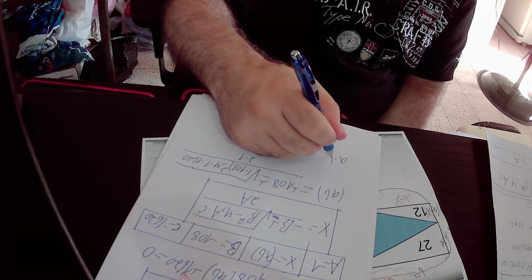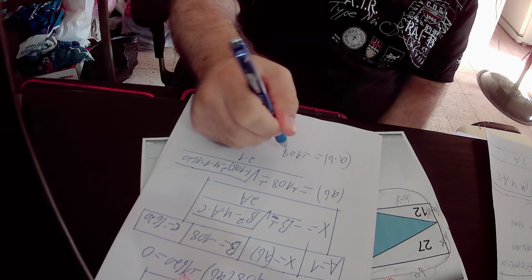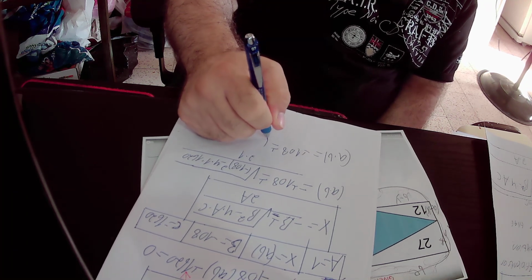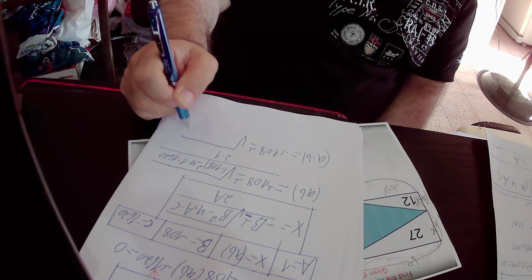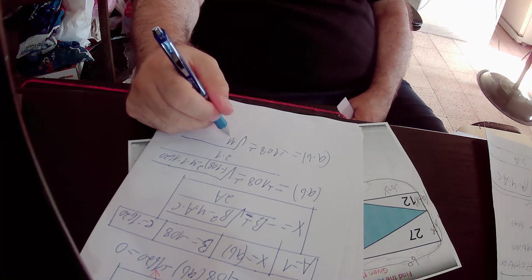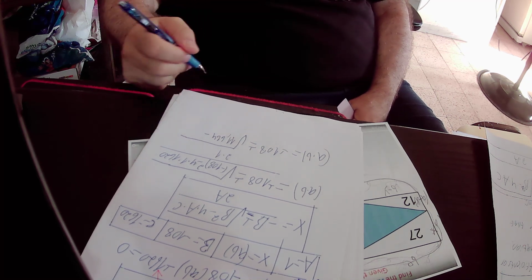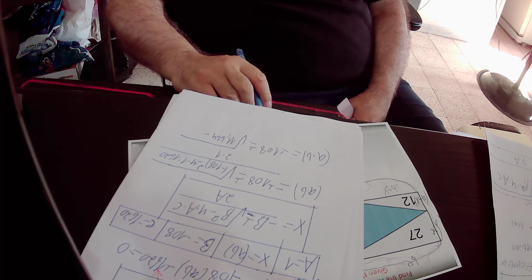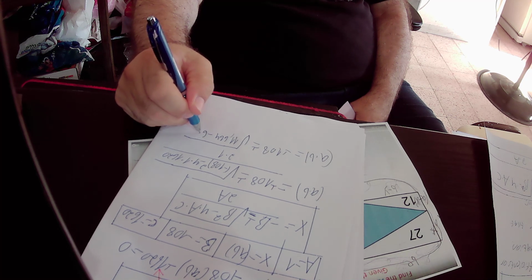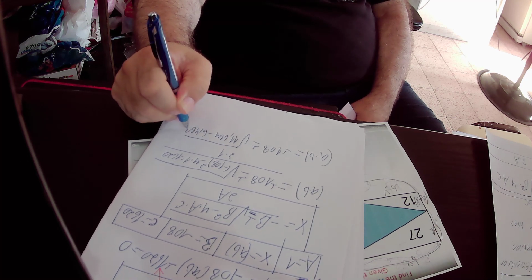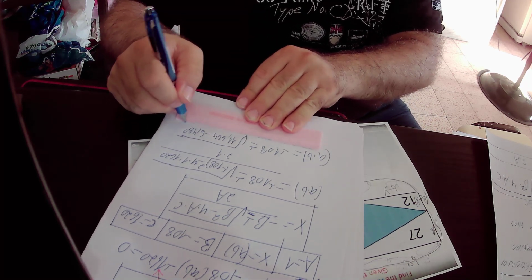So A times B equals plus 108 plus or minus the root of negative 108 squared, which is 11,664, minus 4 times 1 times 1620, which equals 6,480, all divided by 2 times a, which is 2.